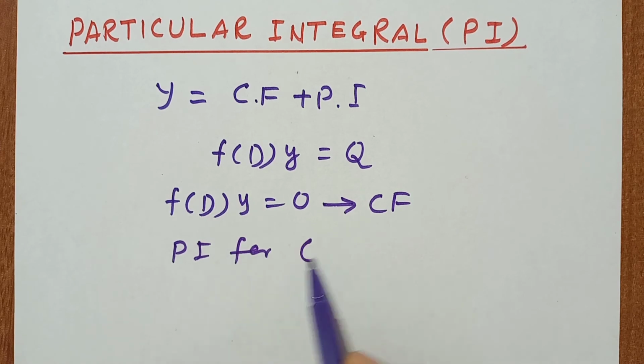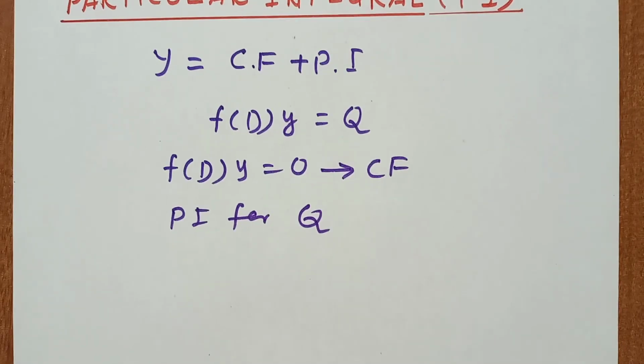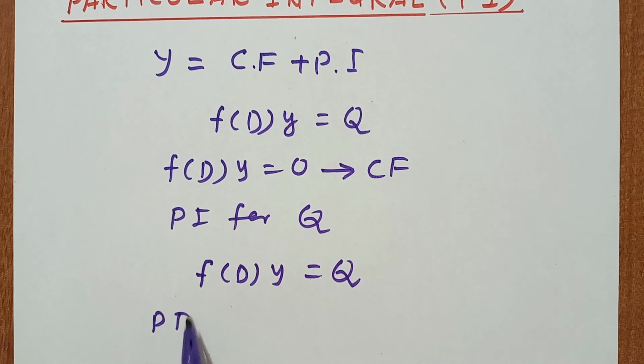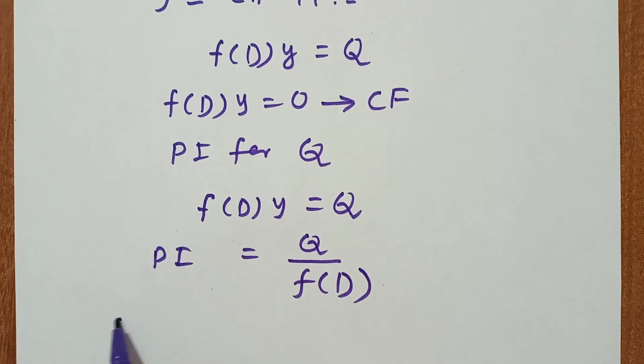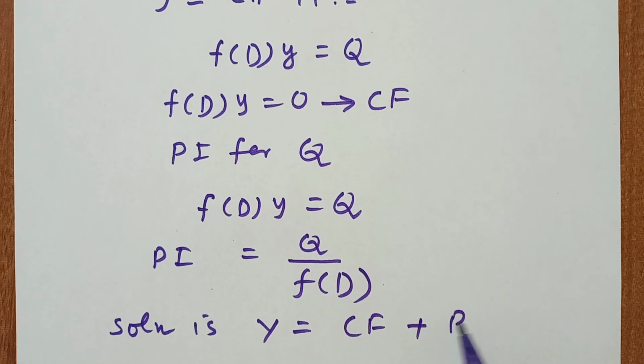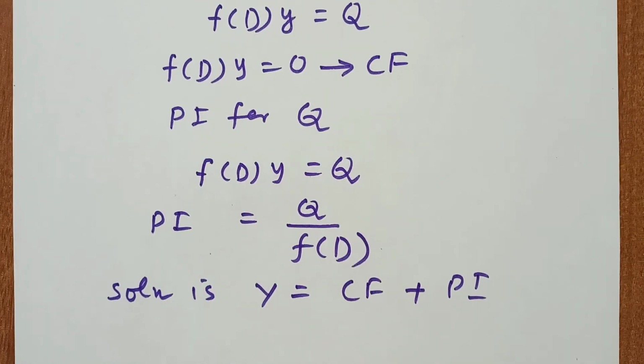So how do we calculate? Let us suppose f of D y is equal to q. So the particular integral is equal to q upon f of D. Then the solution is y is equal to CF plus PI.